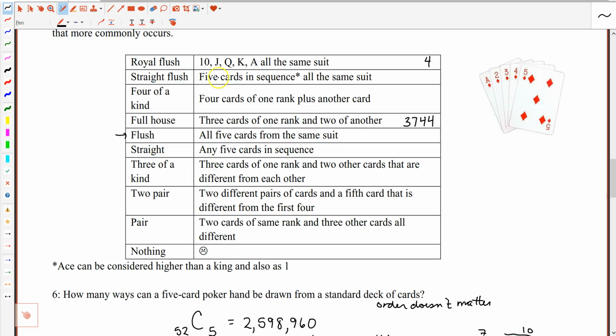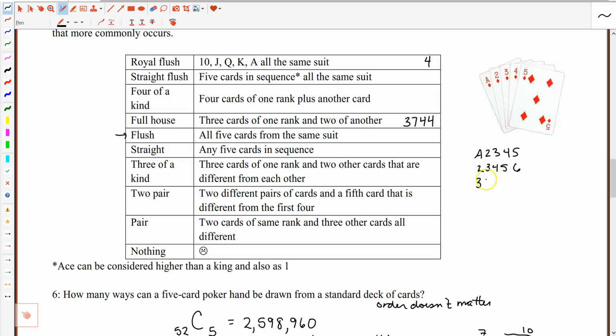For a straight flush, that would be 5 cards in sequence, all of the same suit. So for instance, here's an example of a sequence. You could have the ace, 2, 3, 4, 5. So that would be a possible sequence. The run could start at 2 and then go through 6.